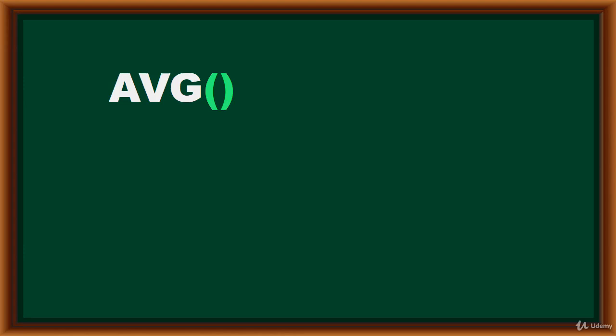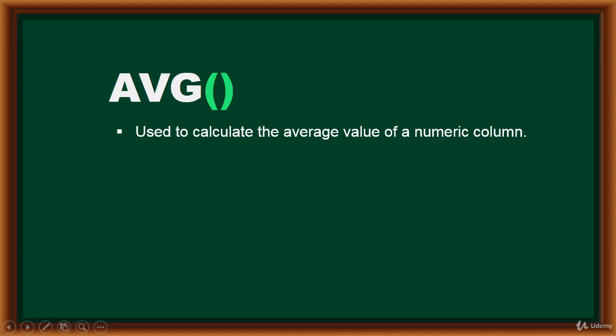The AVG function is basically used to calculate the average value of a numeric column. What that means is that the column within the table that you are applying the AVG to must be a numeric data type.